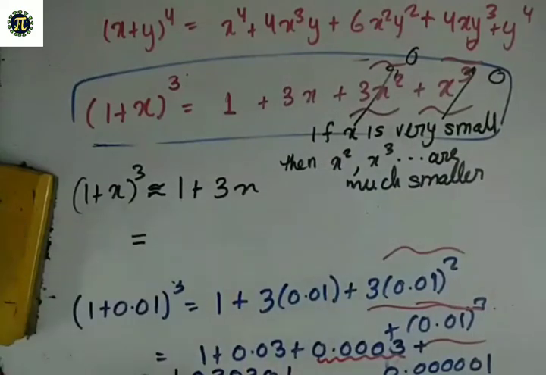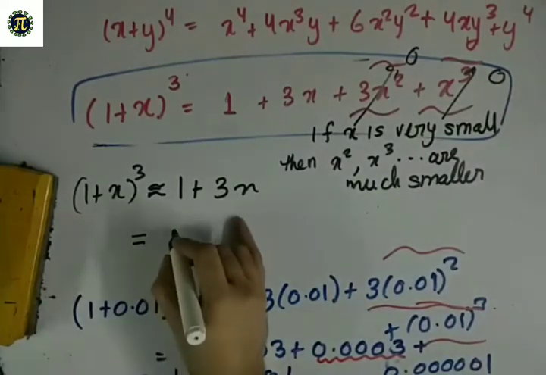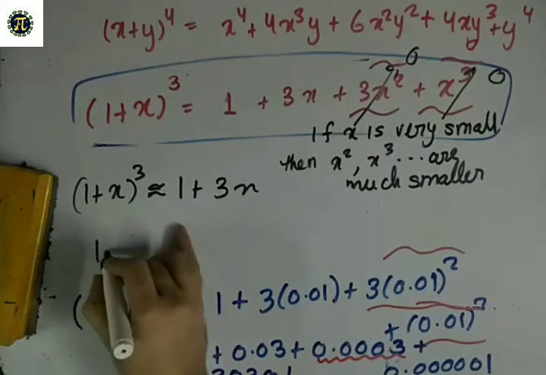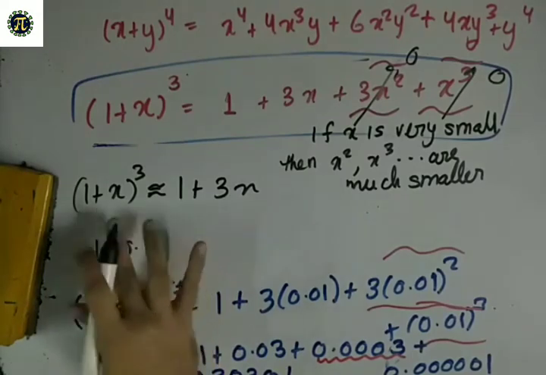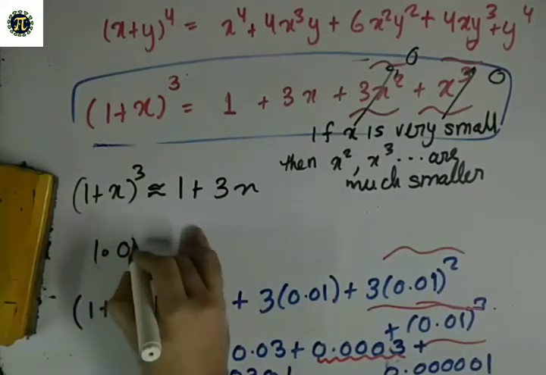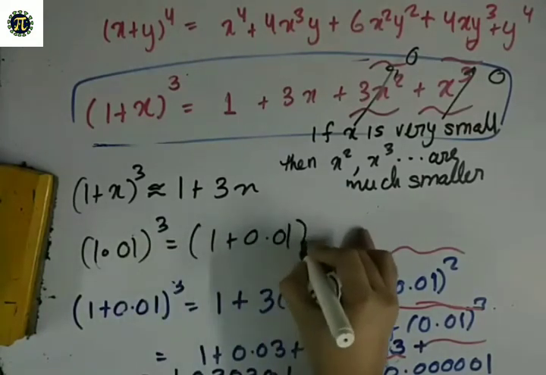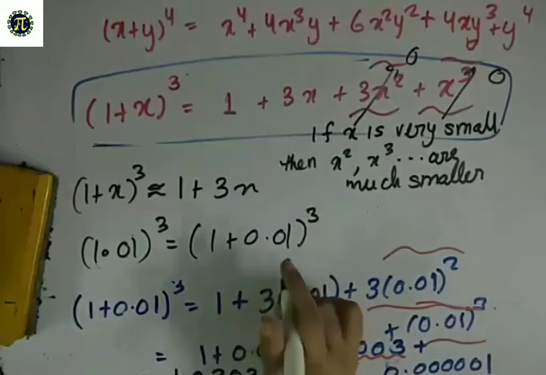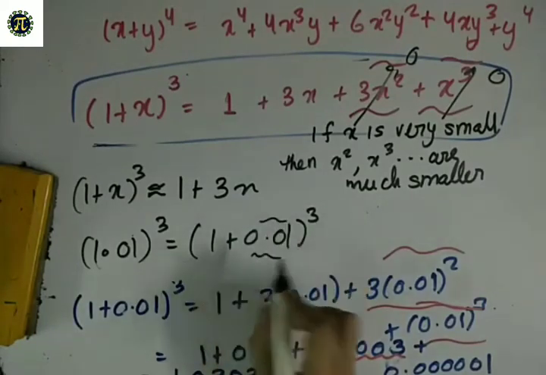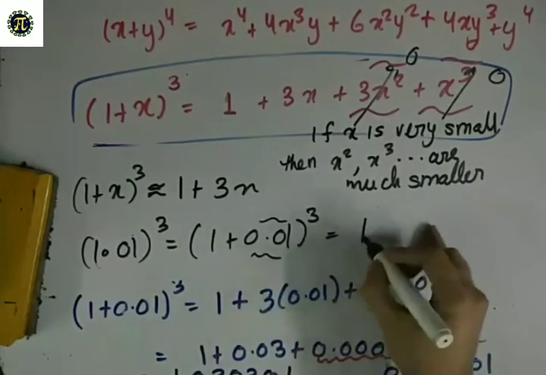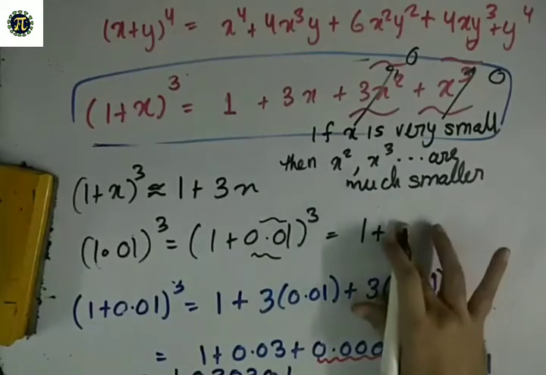In this approximation I should be able to guess the answer. 1.01 whole cube is the same as 1 plus 0.01 whole cube, and this number is very, very small compared to 1. So I can say the answer is 1 plus 3 times 0.01.